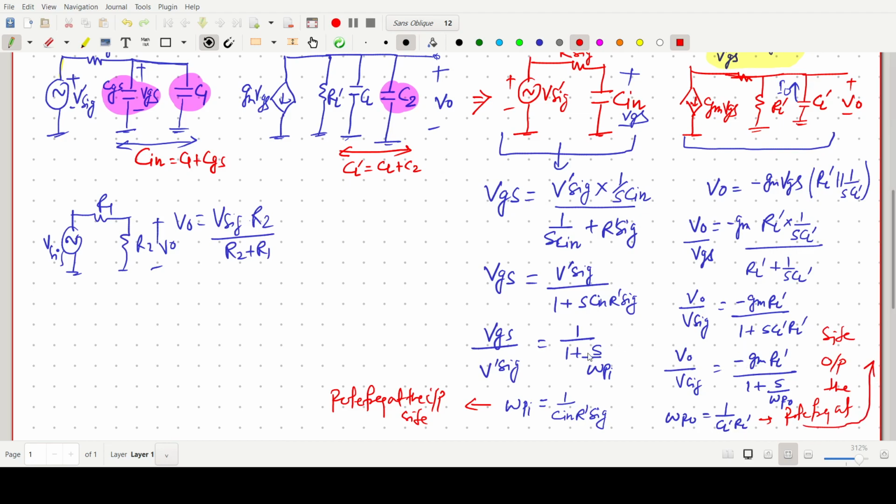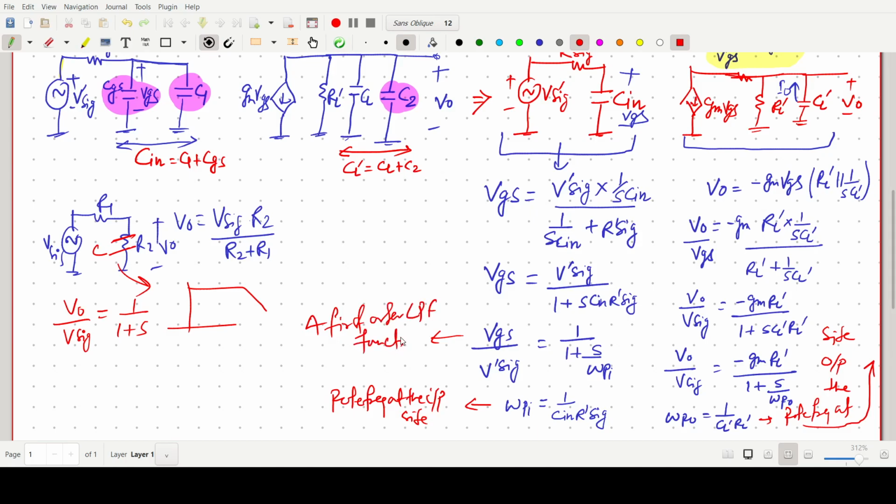Clear? So now if V naught by V signal is in terms of 1 by 1 plus s, then this is basically a low pass filter. For example, if we take this one as a capacitor, this represents a first order low pass filter function.